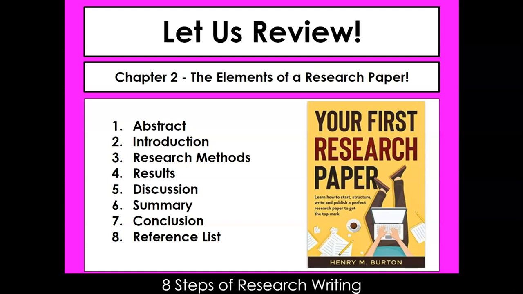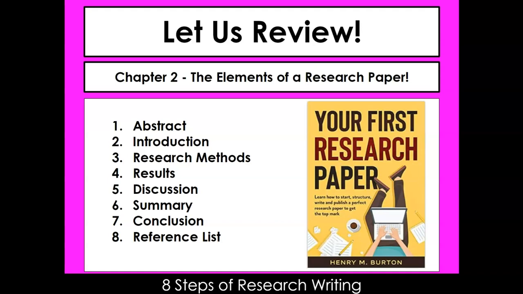In our last lesson, we read the book, Your First Research Paper. The takeaways from that book were many, and we have our notes. What I wanted to review is that we have the 8 elements in a research paper.